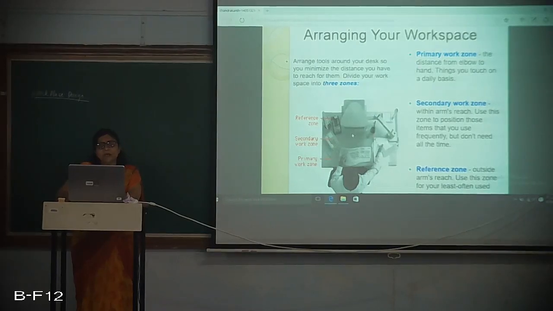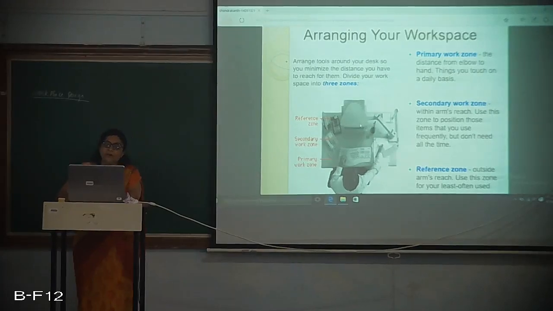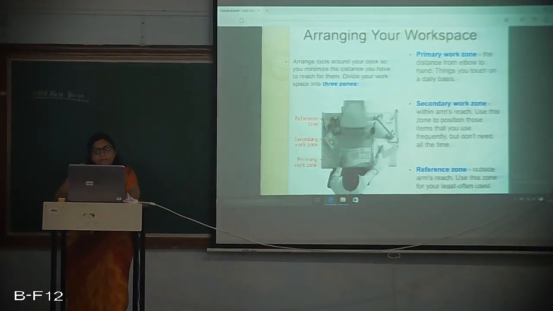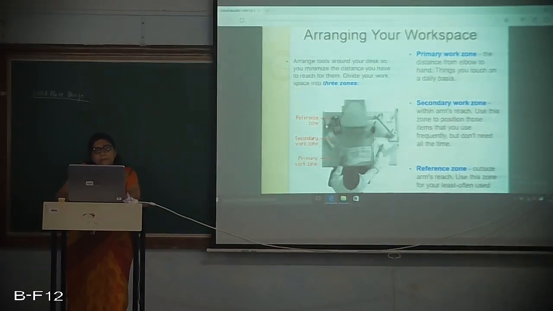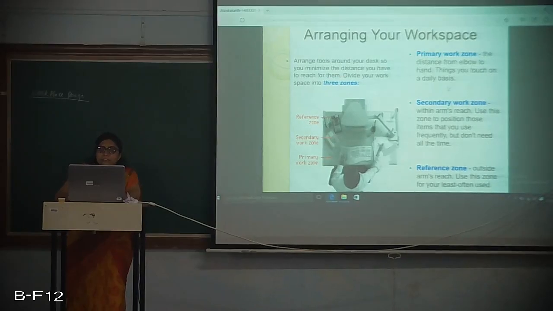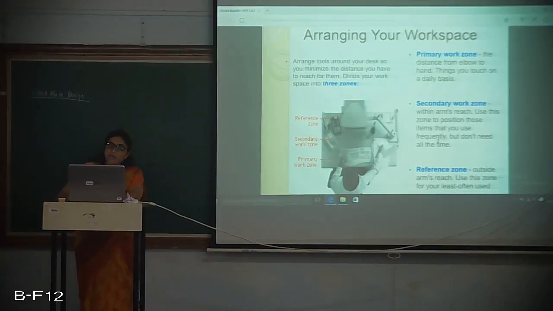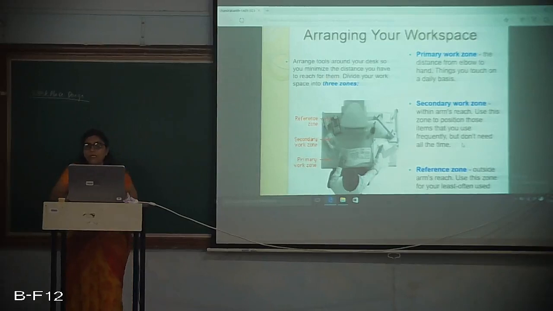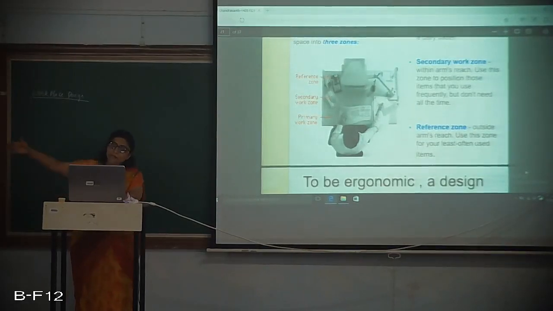Example, writing in the computer. Use frequently, but outside arm's reach, use this zone.